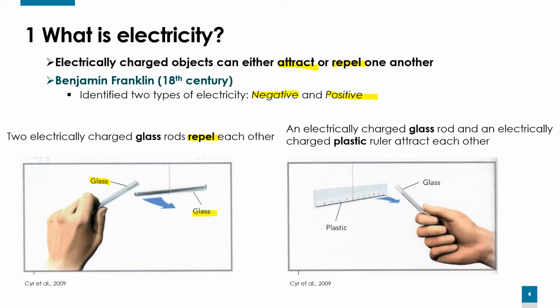But if you rub a glass rod and a plastic ruler, they are going to attract each other. Okay, so Benjamin Franklin just said there is some negative and positive charge related to this, but of course we didn't know yet which one was which.